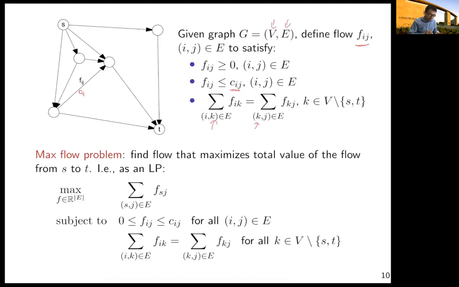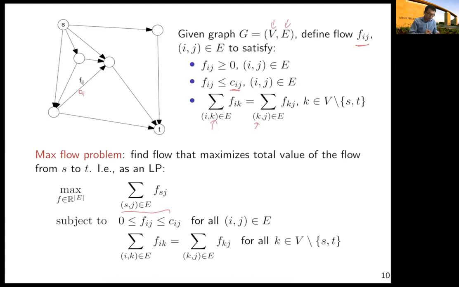The problem is to maximize the total flows that are going out of S. And by this constraint, we also know that all the amount of resources that goes out of the source will end up arriving at the terminal. That's simply implied by the last equality constraints.